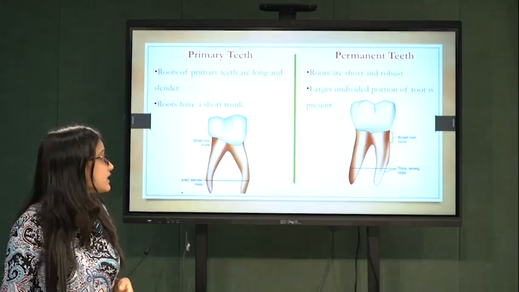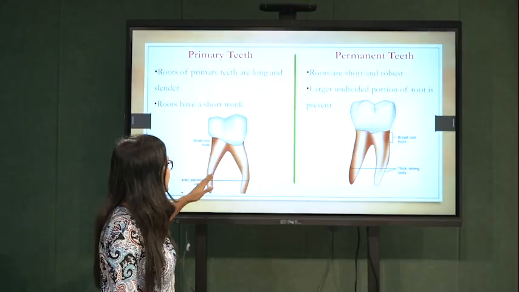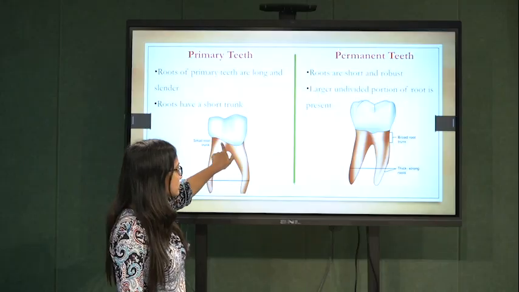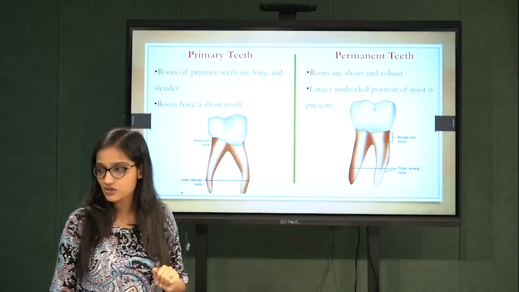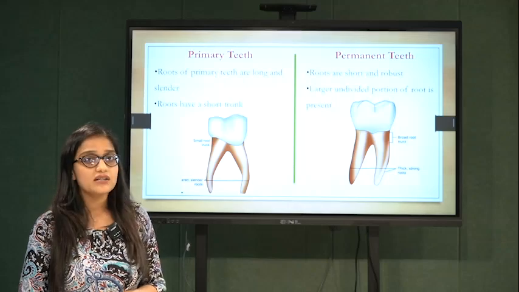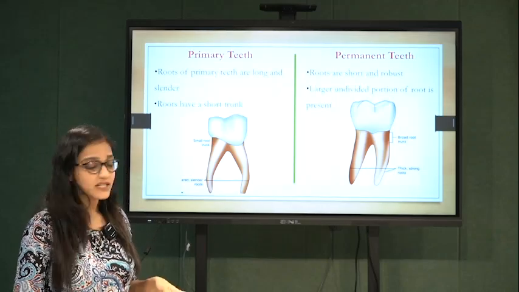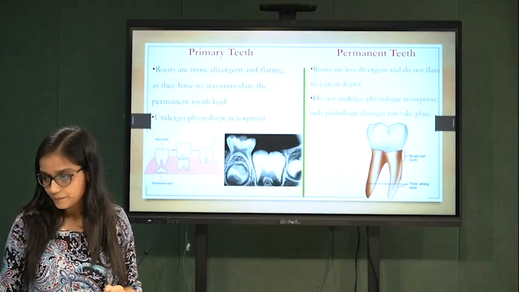As we can see in the picture, roots of the primary teeth are very long and slender, with a short root trunk. In the permanent teeth, roots are short but robust. A larger undivided portion of the root is present in the permanent teeth.